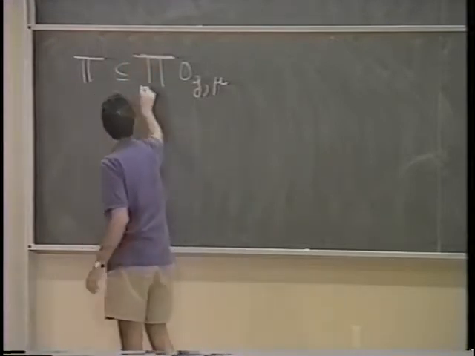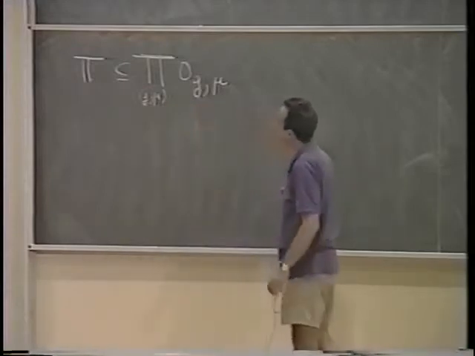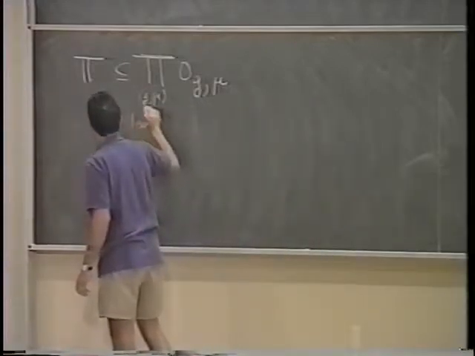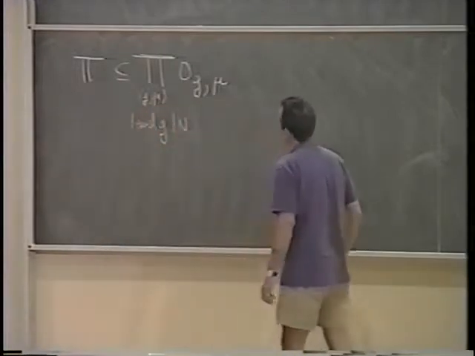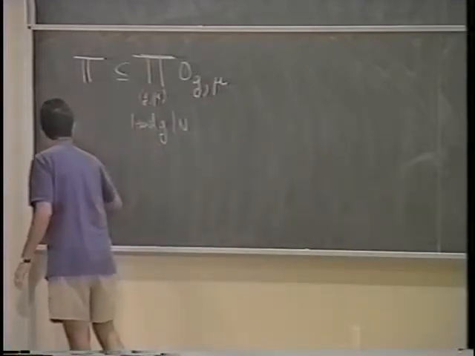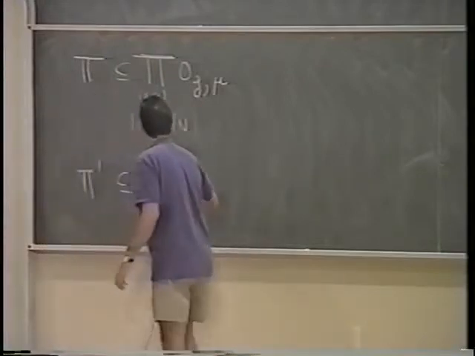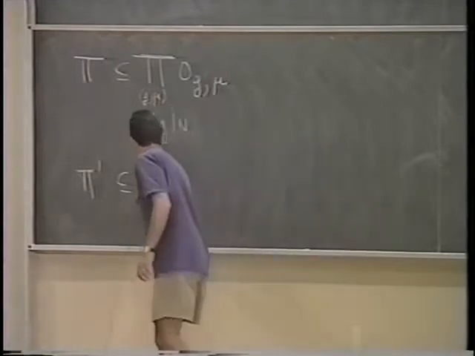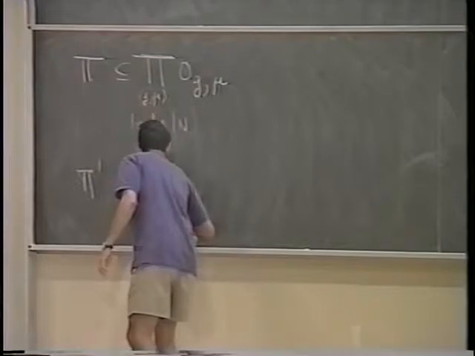And this is a product over appropriate pairs g, mu. But the main thing that happens here is that the level of g is a newform whose level is dividing n. And if you think about T prime, you have T prime, which is contained inside of a similar product. I won't write all of the notation, but the salient thing is that the level now divides q squared n.